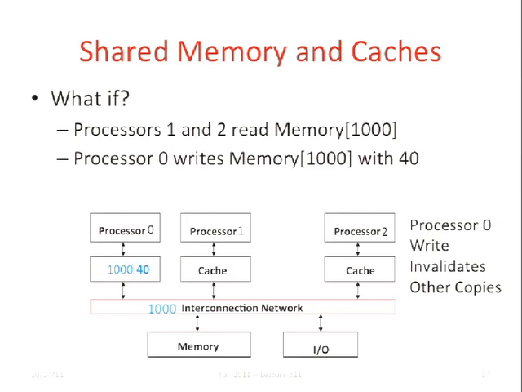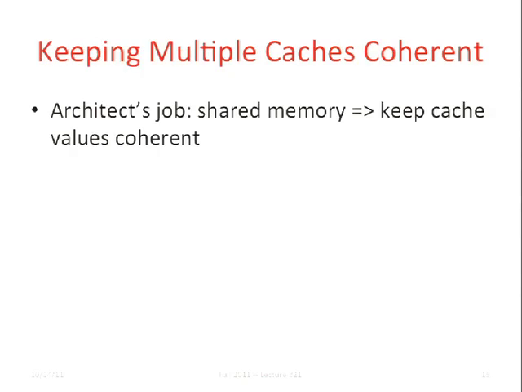It writes 40 into it, and the system's still consistent. Nobody's seen any bad data. Let me show you another slide or two before you ask questions. And if you're doing write through or write back, eventually that thing's got to go back to memory.